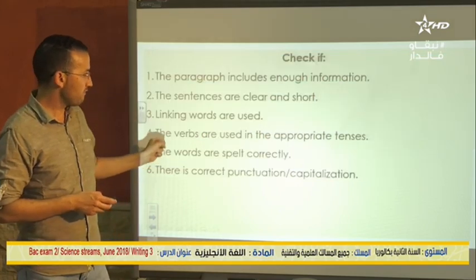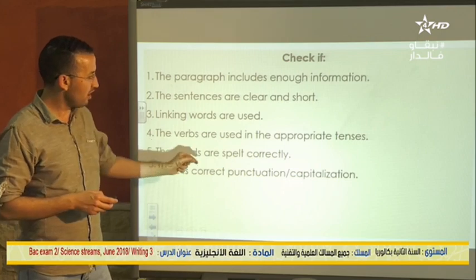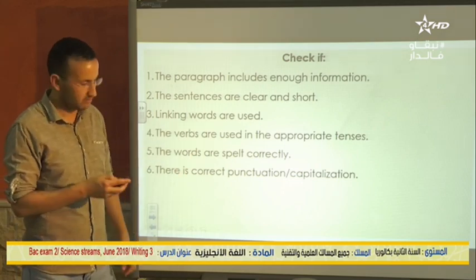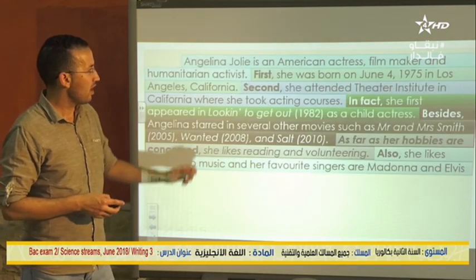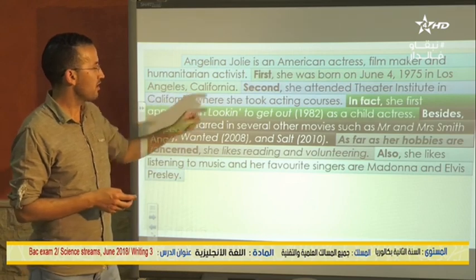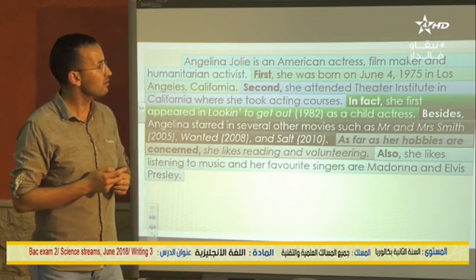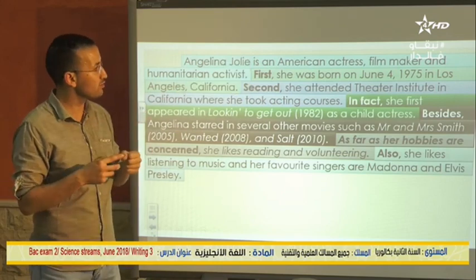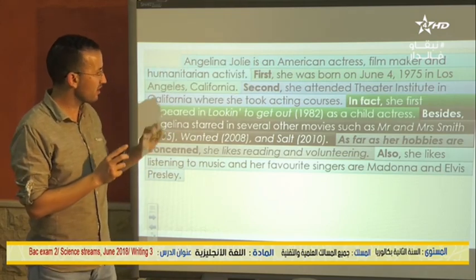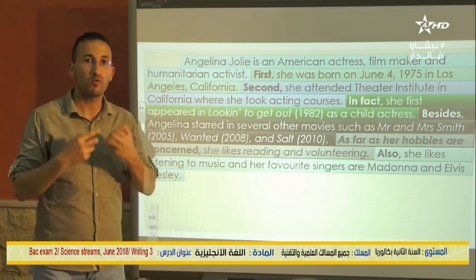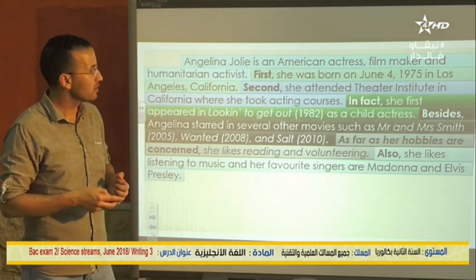Next one, we have if the words are spelled correctly. As you can see here, for example, let's say first. Okay, it's spelled correctly. American, it's spelled correctly. Actress, etc. So you need to check every word in your writing. Okay?